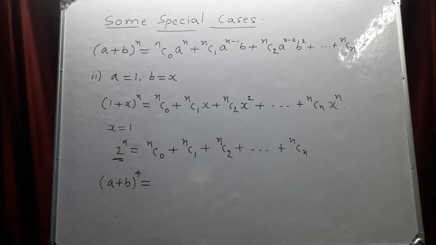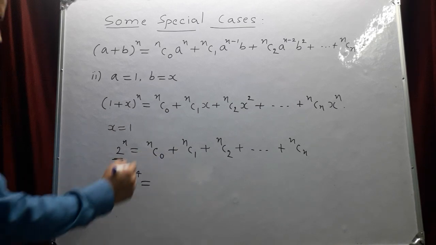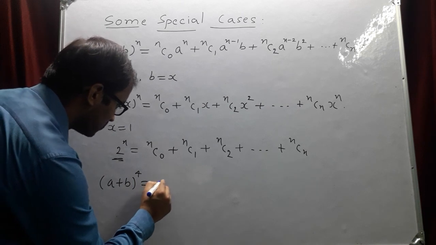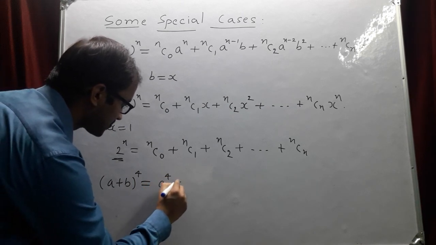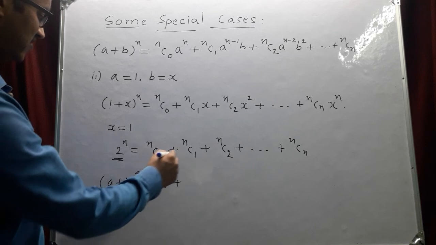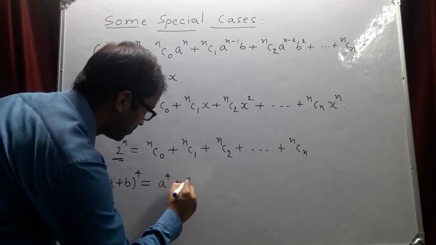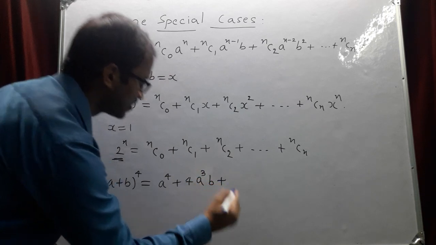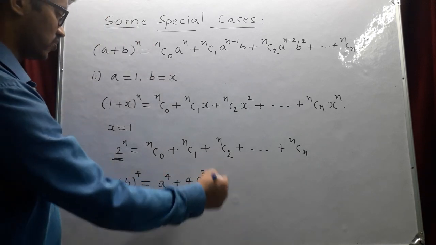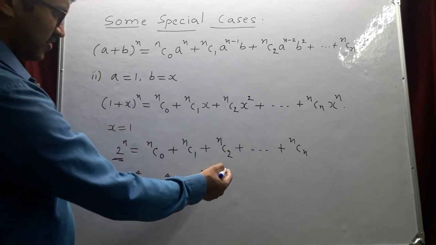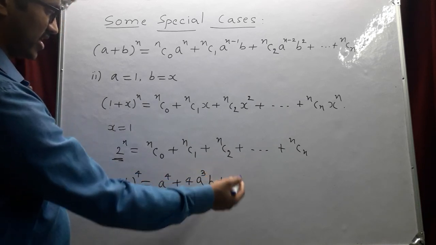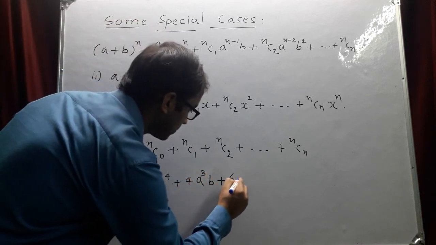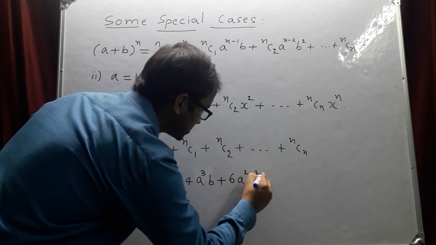If you expand (a plus b) power 4, what will we get? 4C0 value is 1, that is 1 into a power 4, plus 4C1, which means 4, a cube b, plus 4C2, which is 4 factorial by 2 factorial into 2 factorial, that is 6 a square b square.